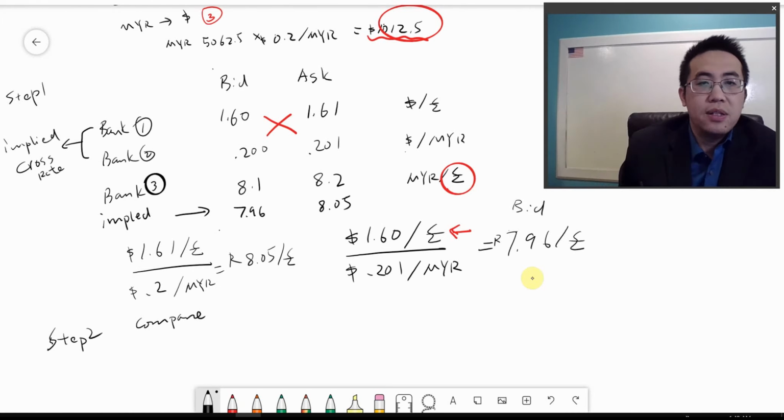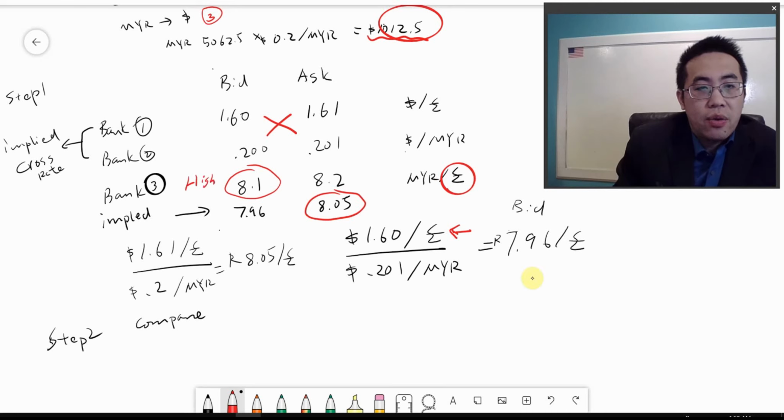And when you make the comparison, just like the case I mentioned in the earlier locational arbitrage, you want to make sure the ask of the lower range is lower than the bid in the higher range. So right here is a higher price zone, and right here is a lower price zone. But if you do the trading, you have to consider ask and bid. And when you buy, you pay the ask. When you sell, you get the bid. And you are always at the bad end of the deal. So when you're buying, you do not get the lower price. When you're selling, you do not get the higher price.